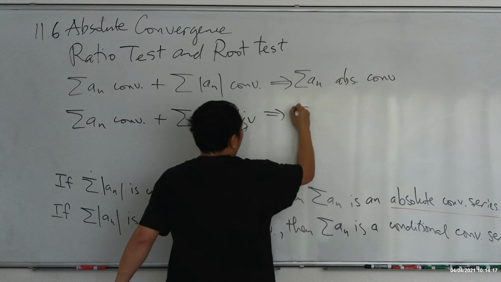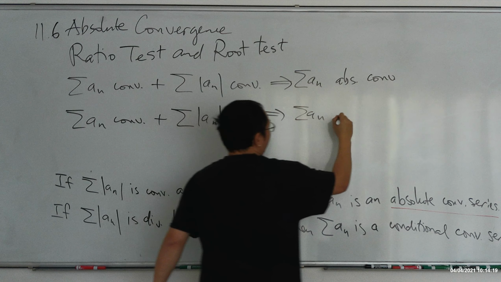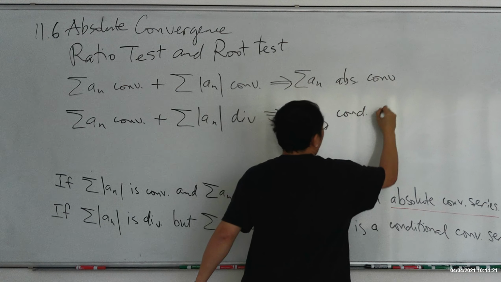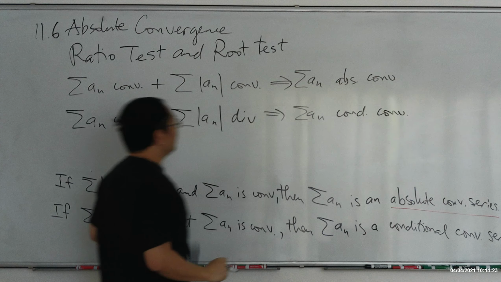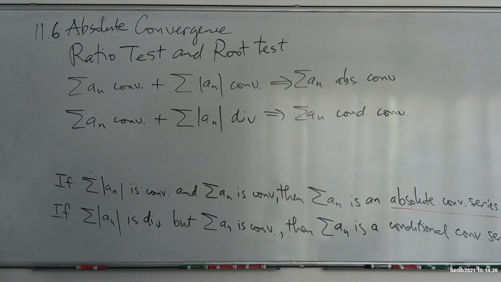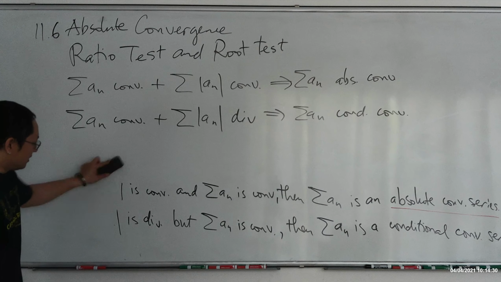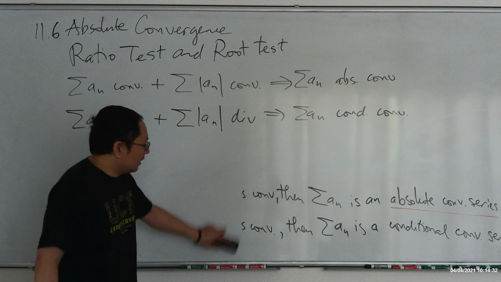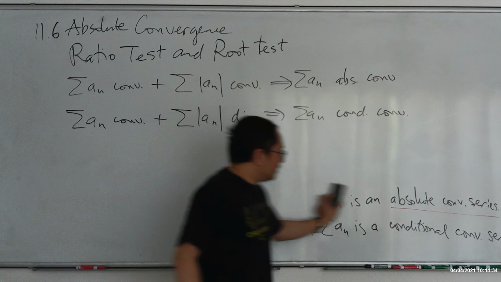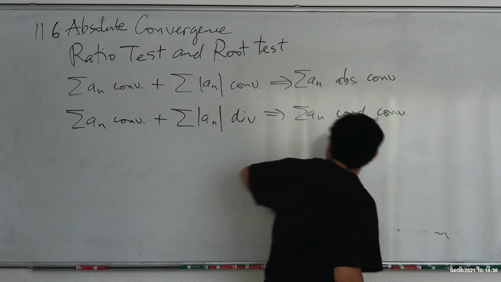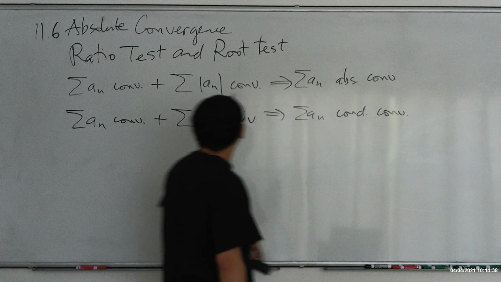Then we say the sum of a_n is still convergent, but conditionally convergent. So that's how I have it in my mind. We have to write more and make it look like the way the book writes. In short, that's what we need to know.